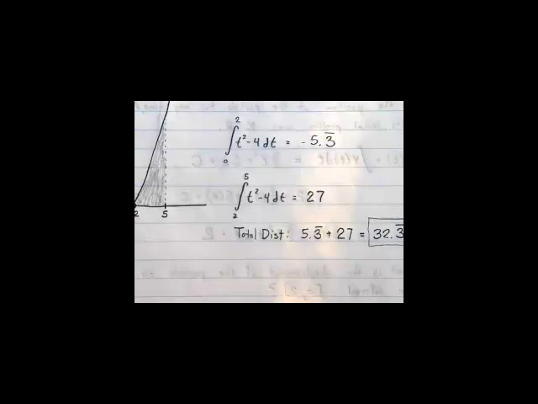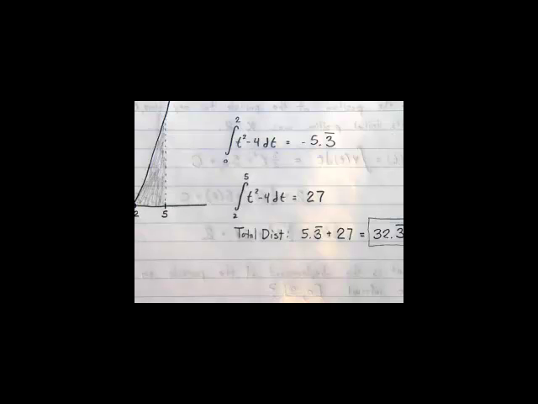Does that make sense? The velocity tells you direction. If the velocity is negative, it's moving left. If the velocity is positive, it's moving right. When you do the integration of those, it tells you how far it went. So it went this far to the left, this far to the right. So altogether, total, it traveled 32 1/3.